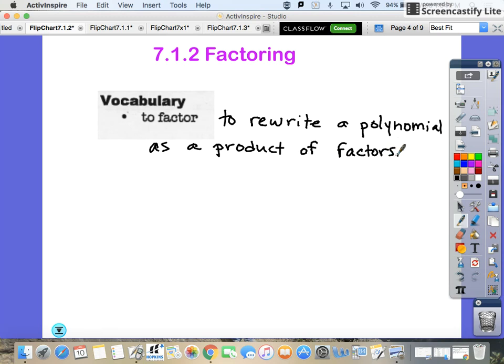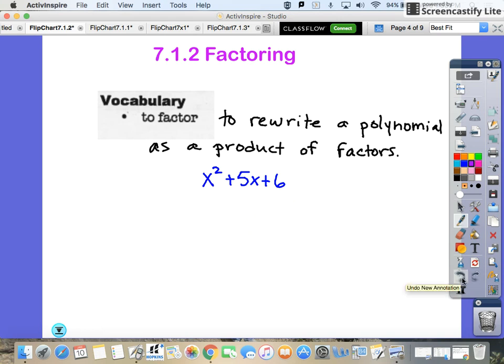So for example, if we had the polynomial x squared plus 5x plus 6, what we want to do is find two factors that we can multiply that would give us this as the result. So we're looking for the two things that we could multiply that would give us that result.